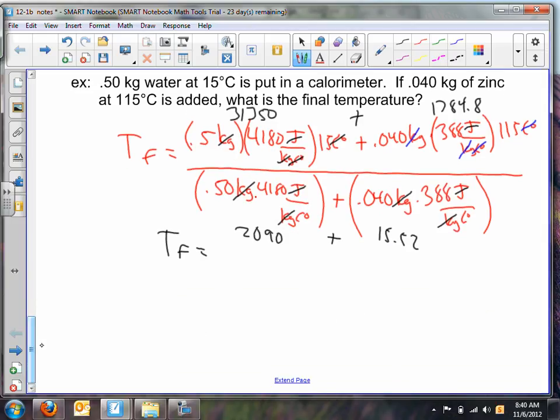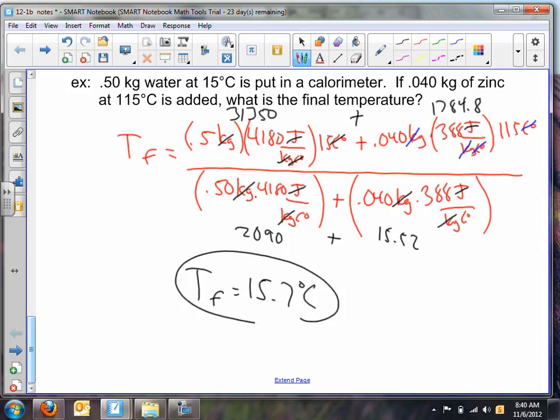Add the top divided by the sum of the denominator, and we get a final temperature of 15.7 degrees Celsius. So adding that 115 degrees zinc only raised the temperature of my water 0.7 degrees because it had a low specific heat and not very much of it.